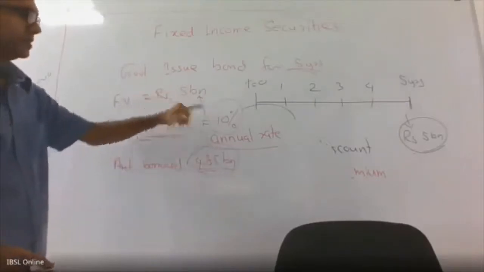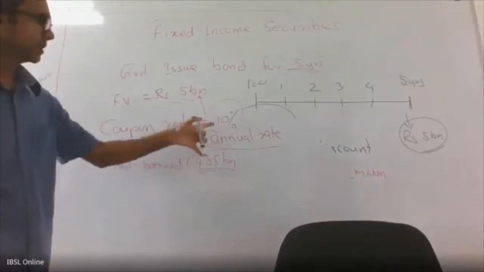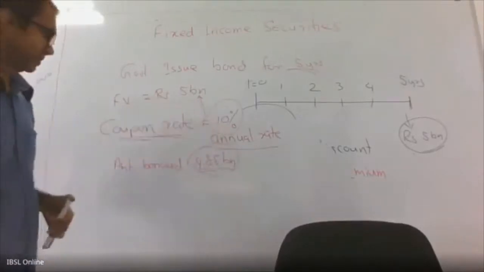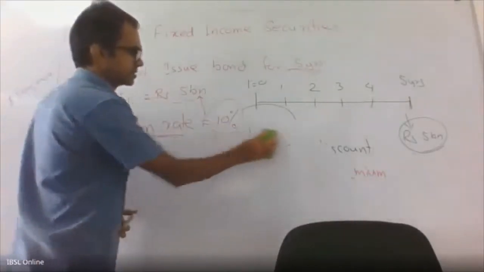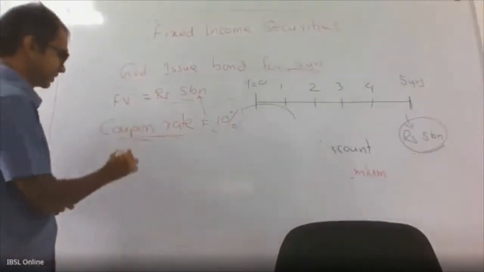5 billion. Then the government agrees to pay 10% interest on 5 billion. Then what is the interest amount?